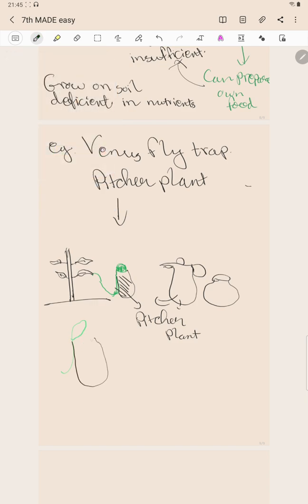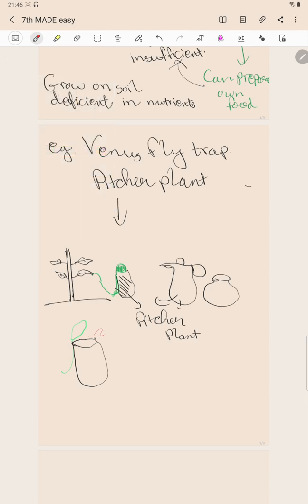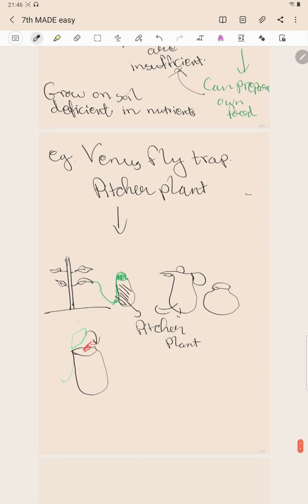Initially the lid is open. An unlucky fly or insect will come and sit on this. After an insect lands on the pitcher, the lid closes. Upon the lid closing, this poor insect can't get away.